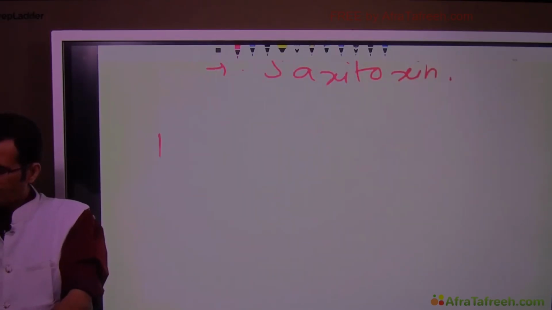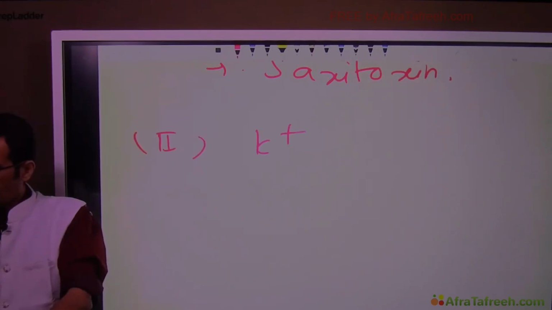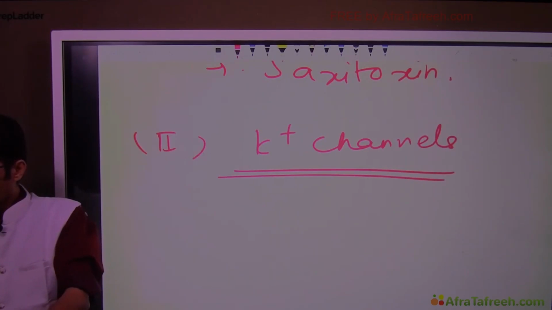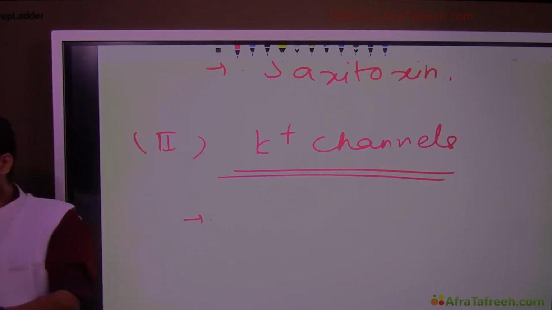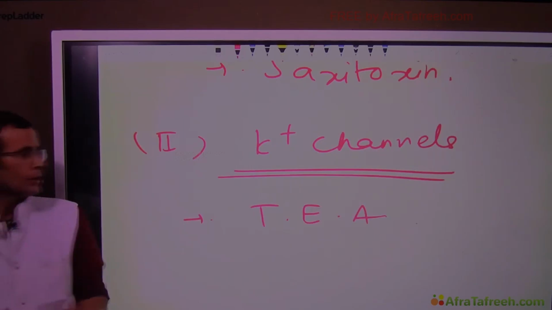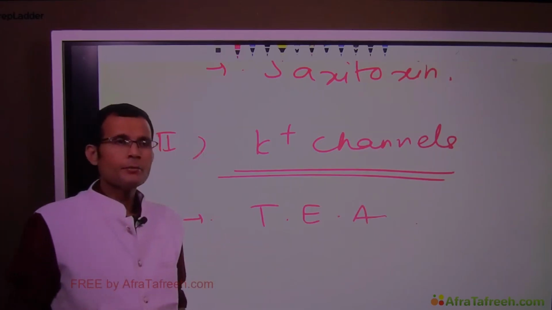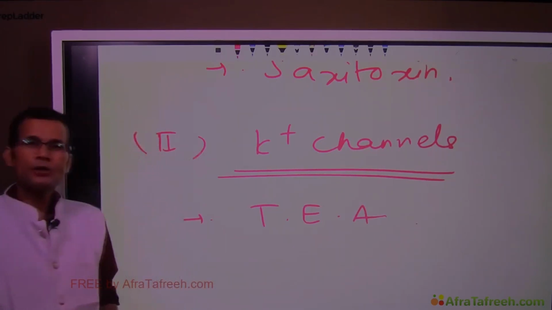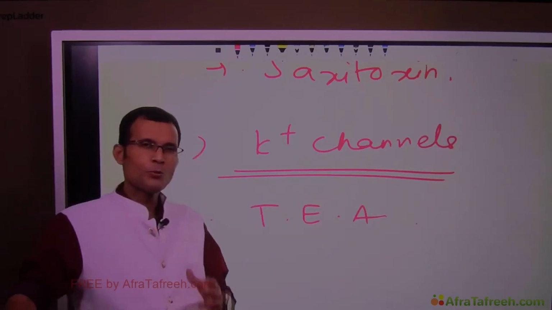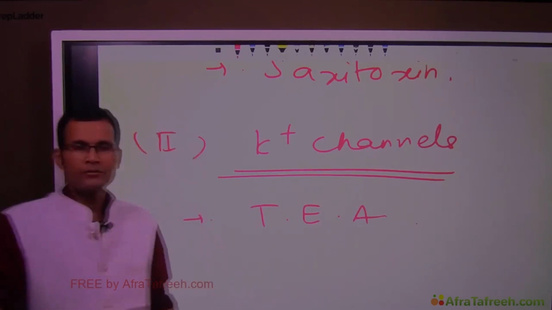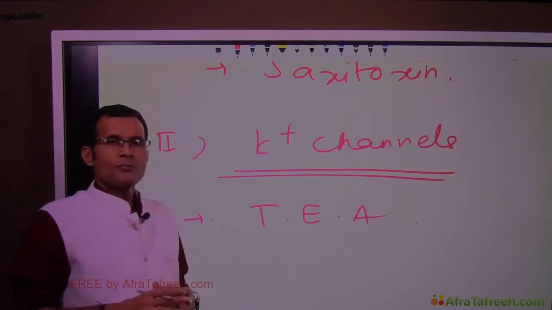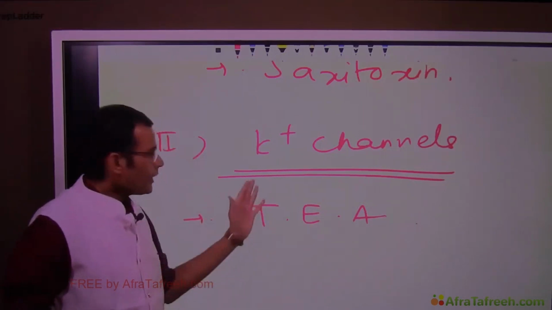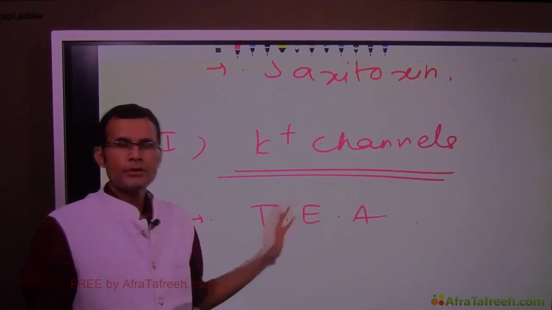These are the sodium channels. Then potassium channels. Potassium channels are poisoned by TEA. That's not the tea. Many people consider our tea also, tea, coffee, as also poisonous. Forget that. Apart from that, this TEA is tetraethyl ammonium.